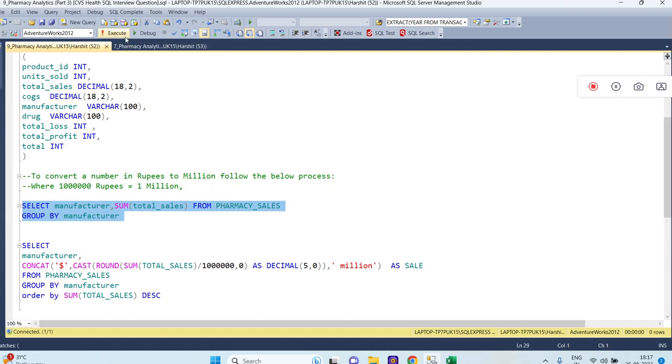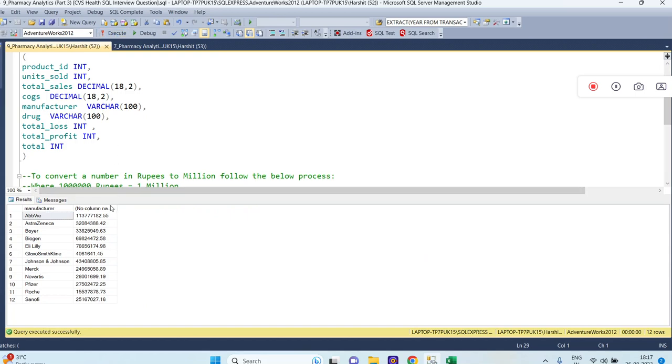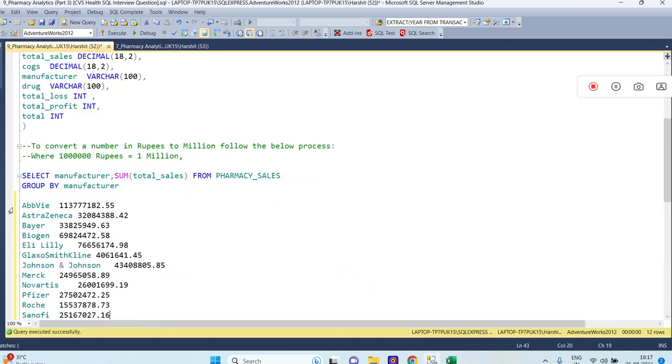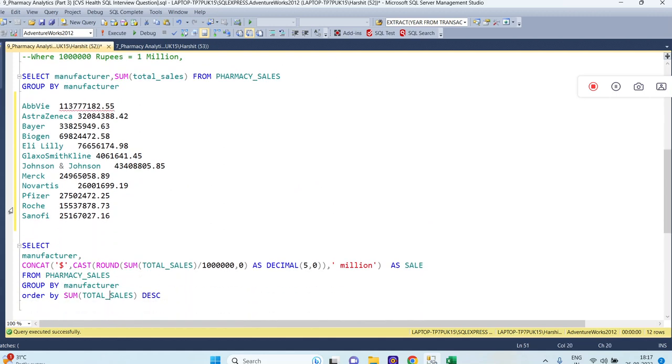So definitely you have to use the group by clause. Now if you see over here, these results are coming in like 11 lakhs, or like 1 crore something, right? But we want the data in millions, so we don't want all this.